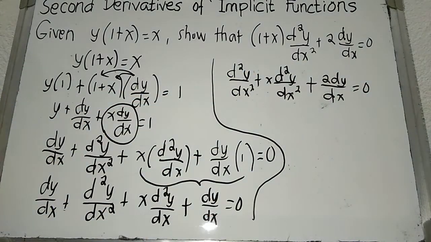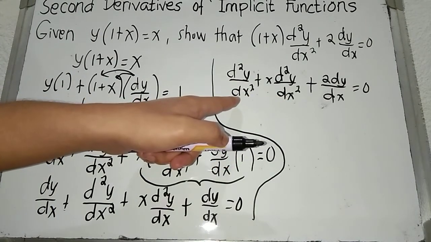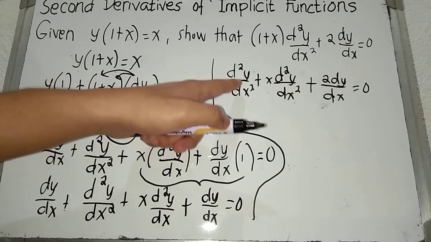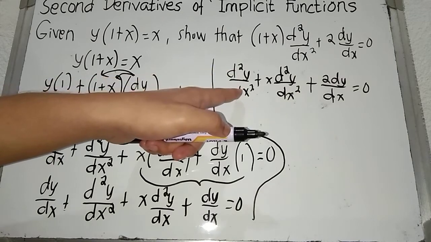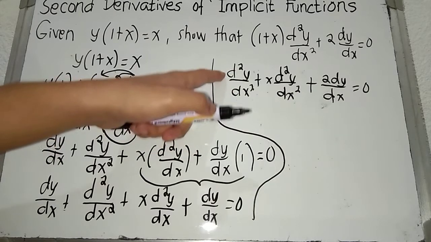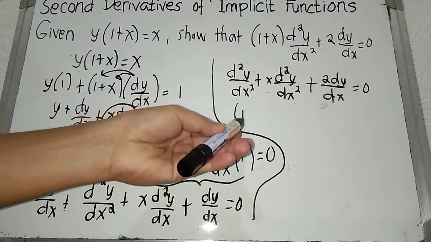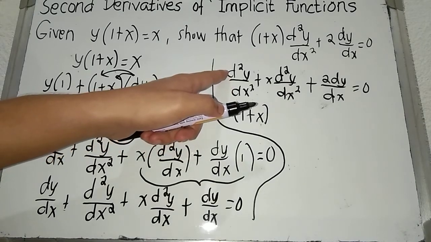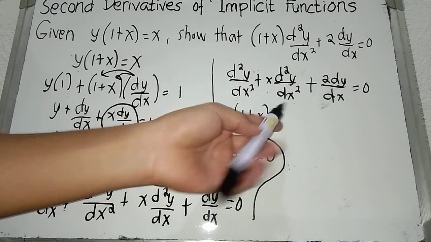side. Take note, the first term and the second term has a common, and the common is the second derivative of y with respect to x. So we are going to factor out the second derivative of y with respect to x. So what's left here is 1, and then what's left on the second term is x. So we have here 1 plus x, letting the second derivative of y with respect to x out from the equation.